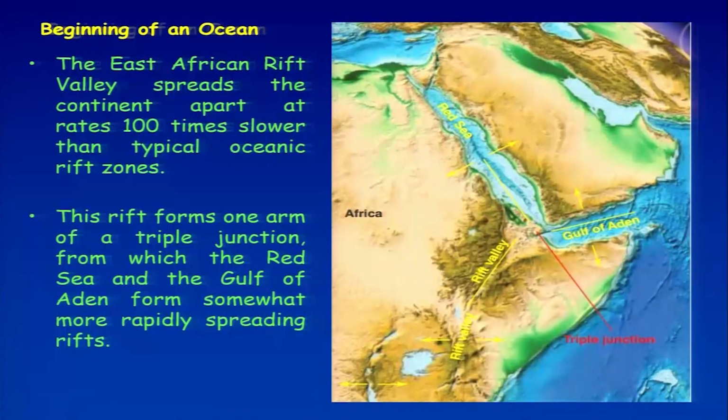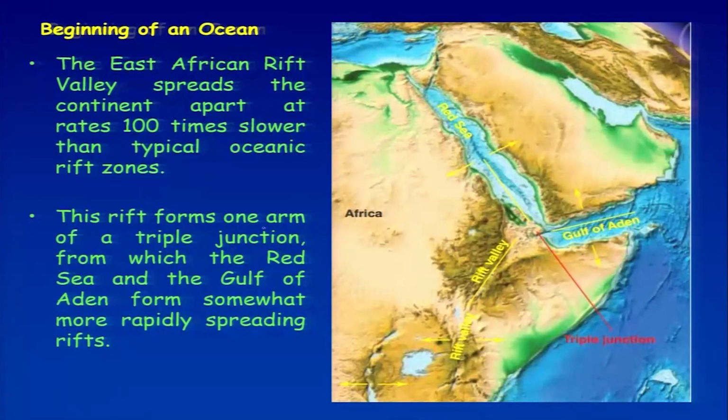If I have a movie, we can show it, or maybe in the next lecture we can show that movie where people have been watching how things have moved. But of course this phenomenon is very slow, and it may take a long time to break this land into two parts, and you will have a new ocean along this boundary.